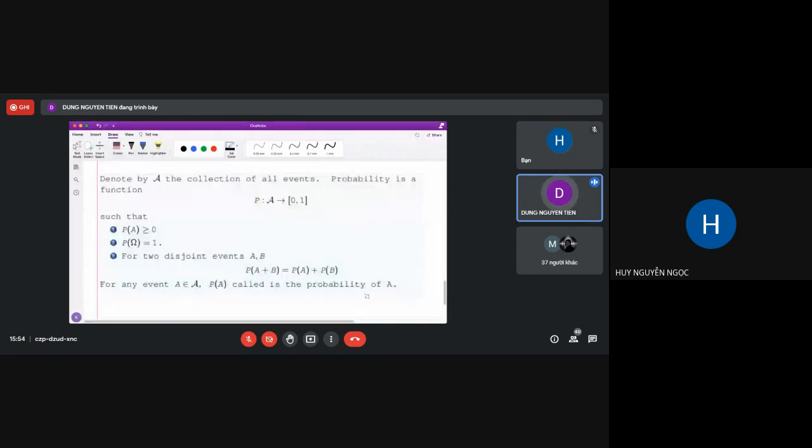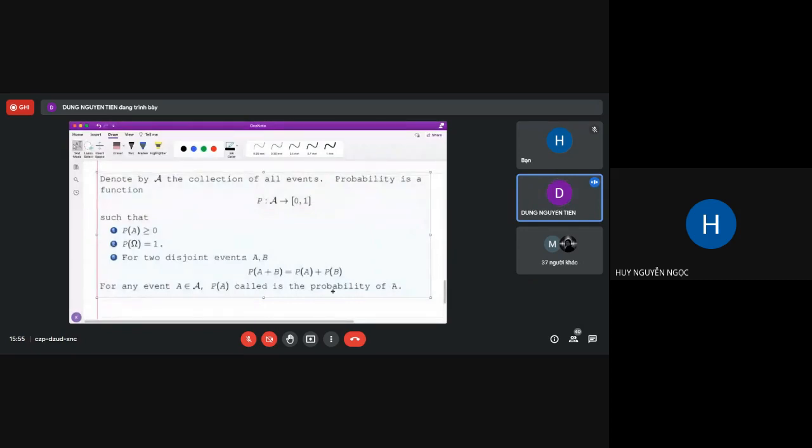So basically, probability is just a function of an event. When you want to say probability, you want to find the probability of an event. That's it. The probability of an event must be a value between 0 and 1. For any event, that probability has to be greater than or equal to 0. For the sample space, it must be 1.